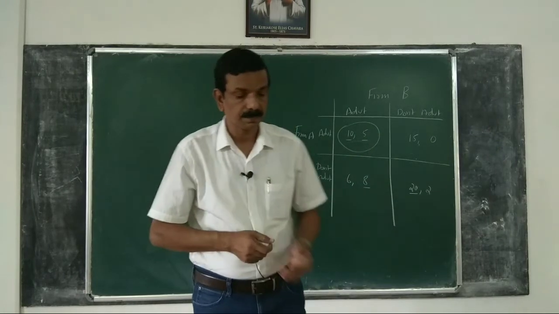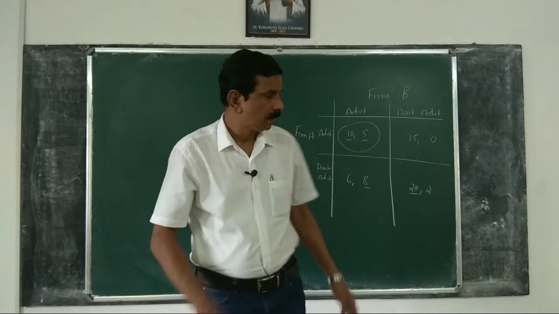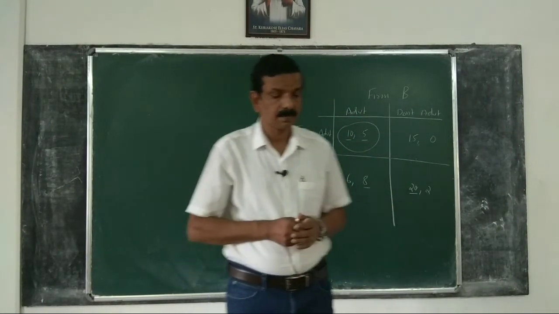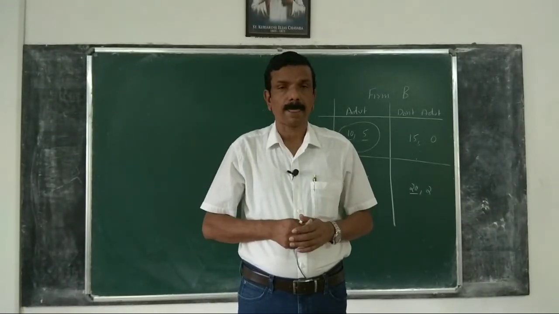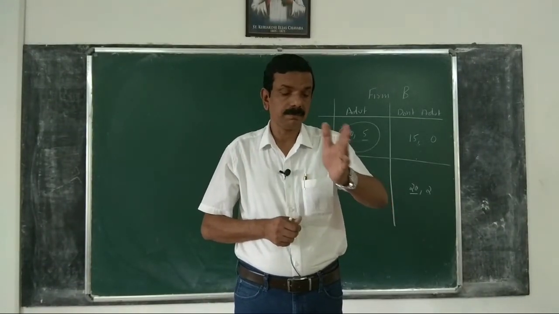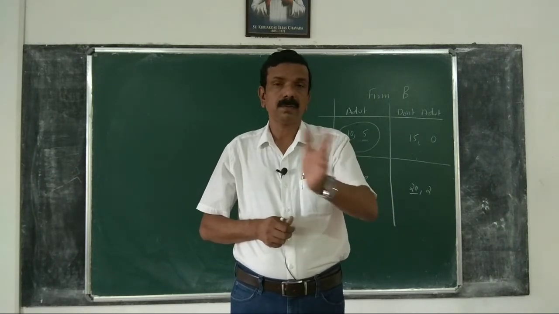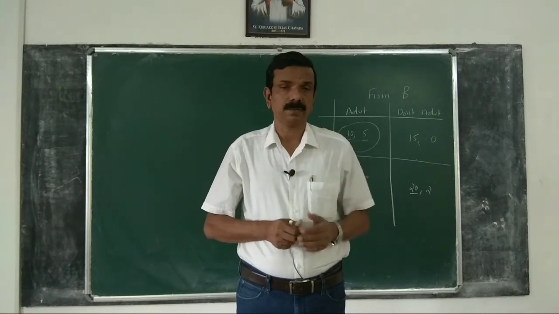Now the thing is, in this game, as against the first, A is doing the best it can, given what B is doing, and B is doing the best it can, given what A is doing.